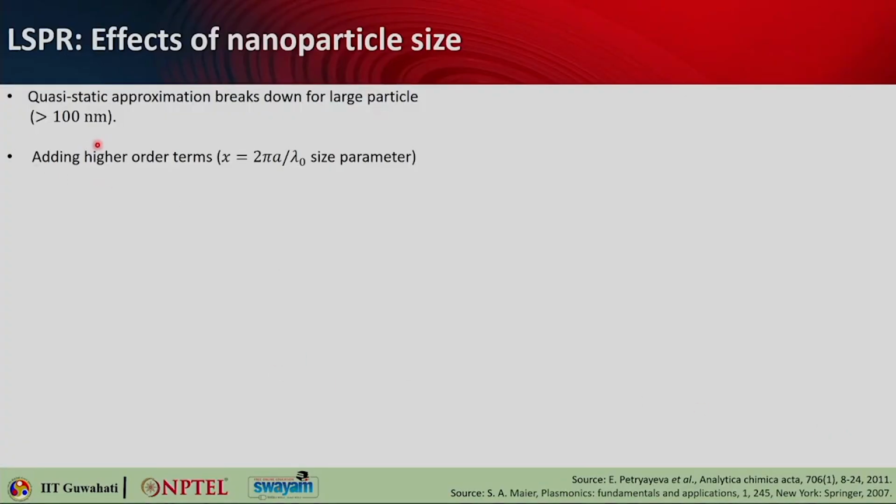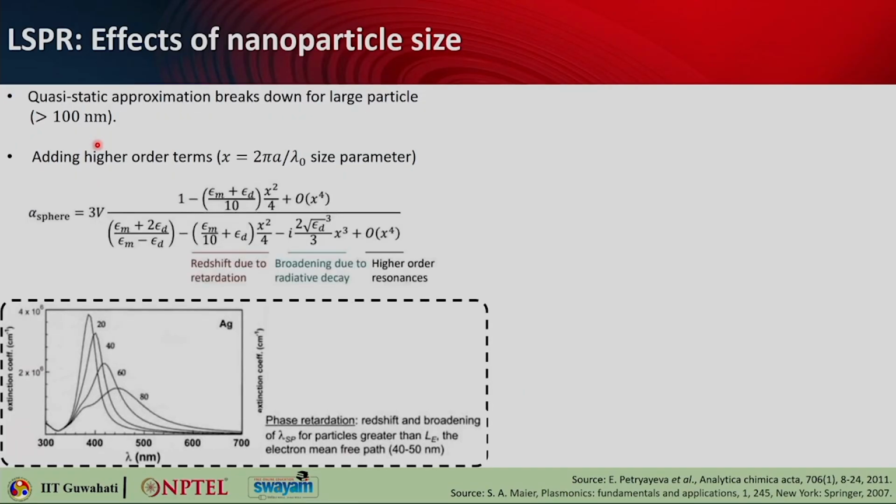On the other side, when the quasi-static approximation breaks, when the particle becomes too large, greater than 100 nanometer, there are additional effects. We have also seen that alpha now gets additional terms coming from redshift, which is due to the retardation, and also broadening due to radiative decay, and you can see both of them here for a silver nanosphere.